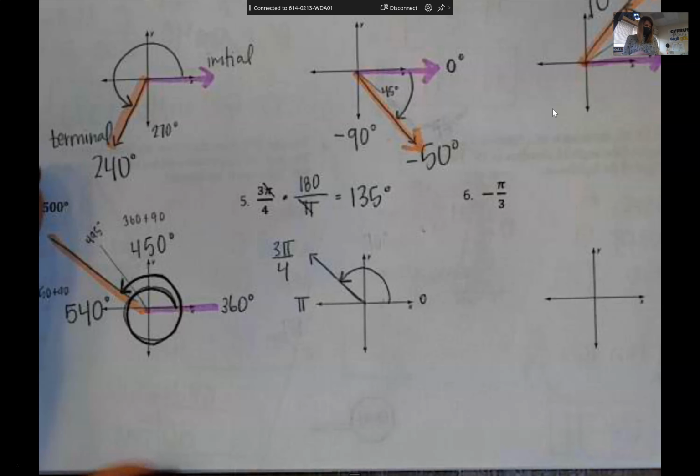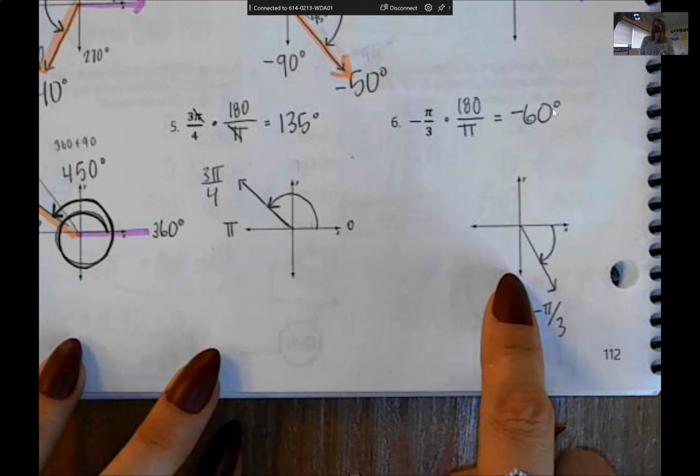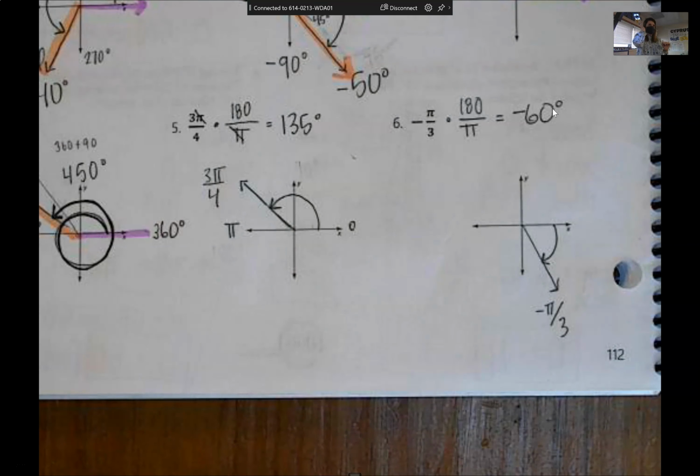Okay, mine is going down and it's a little bit closer to the y-axis than it is to the x-axis. How'd you guys do? Did you do okay?